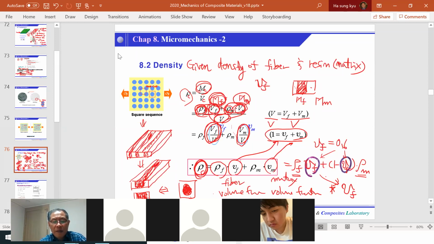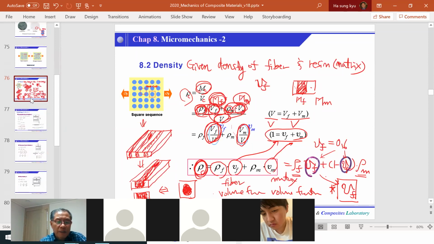The composite density can be measured, and fiber and resin density can be given. Then from this equation, we can get the V_F. Measuring the V_F is very important in composites.